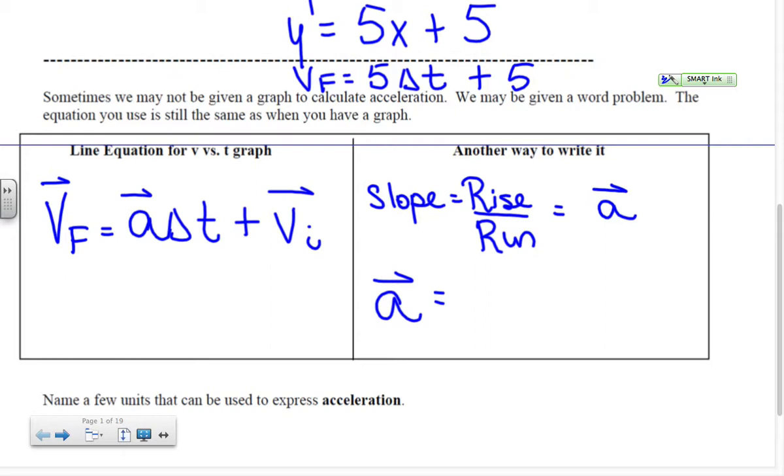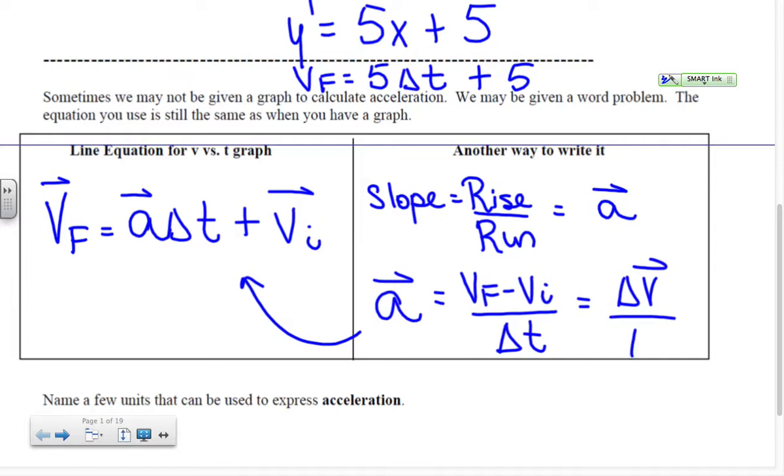So instead of saying rise, I can simply say final velocity minus initial velocity, all that over the amount of time it takes. Okay? Now, this equation is this one, simply rearranged, and you can also rewrite it as delta v over delta t.